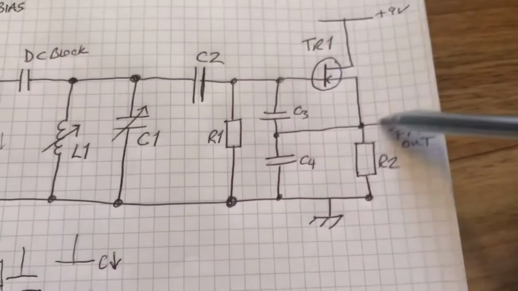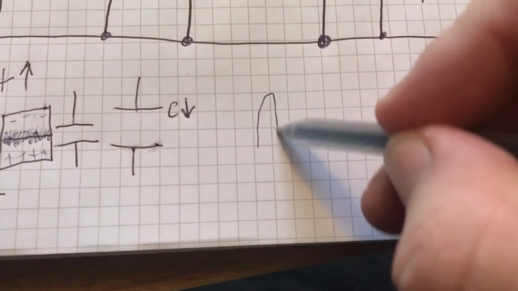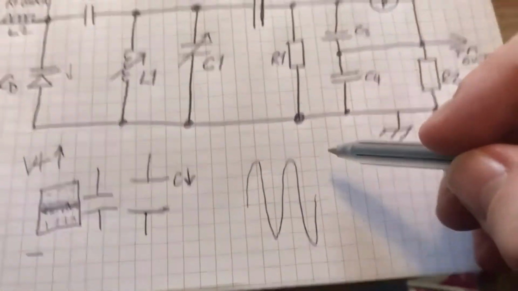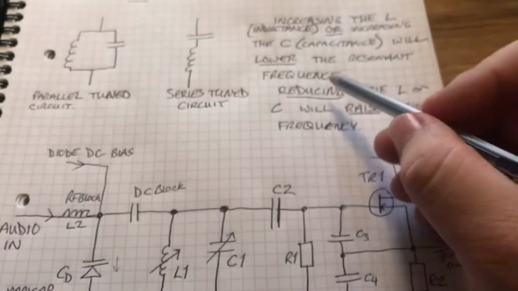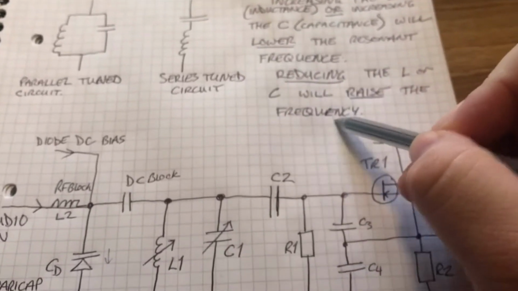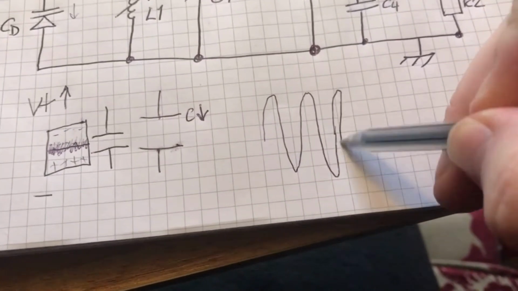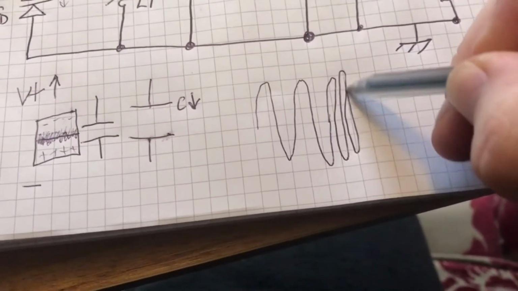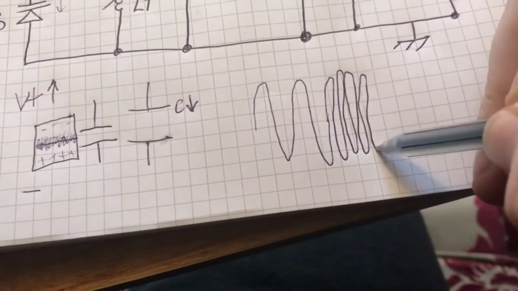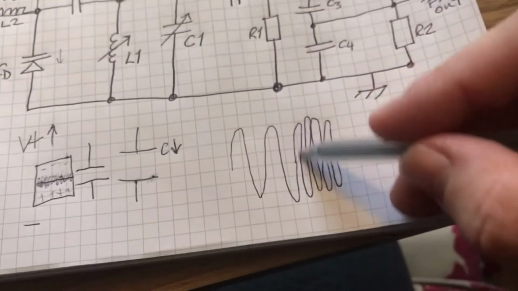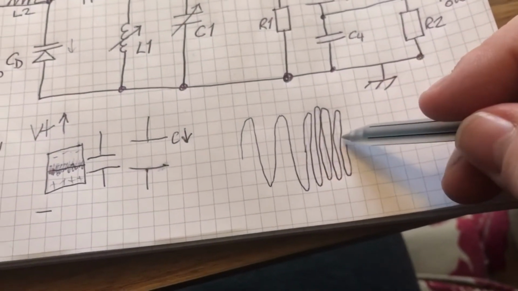So if this is resonating at a set frequency, as we get a peak in the voltage from the audio in, we're going to see a reduction in C and a raising of the frequency. So what does a raising of the frequency mean? It means it's bunched together tighter. So as your voice goes positive, we're going to see a bunching up of the frequency.